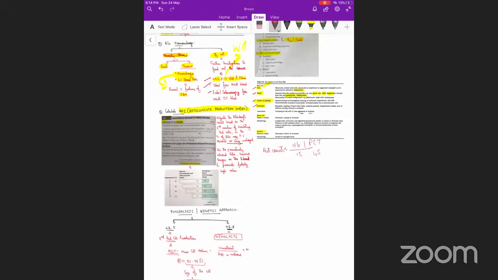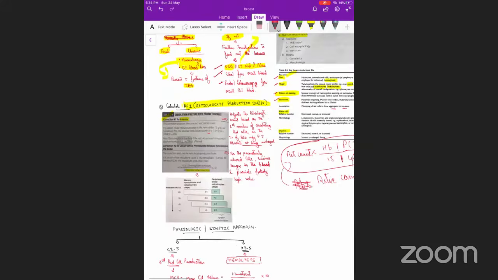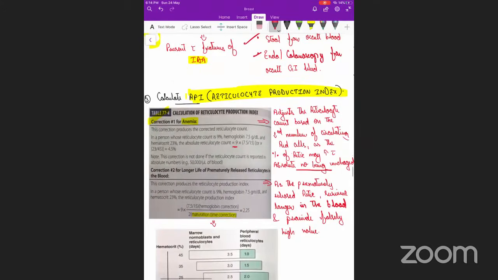Okay. So this is the formula. If the lab values are given as absolute, if the lab says it is absolute retic count, then we don't have to do this correction because it will be done by the lab itself. But if the lab says only retic count, if the word absolute is not mentioned, then we'll have to correct for the anemia. That was the first correction.